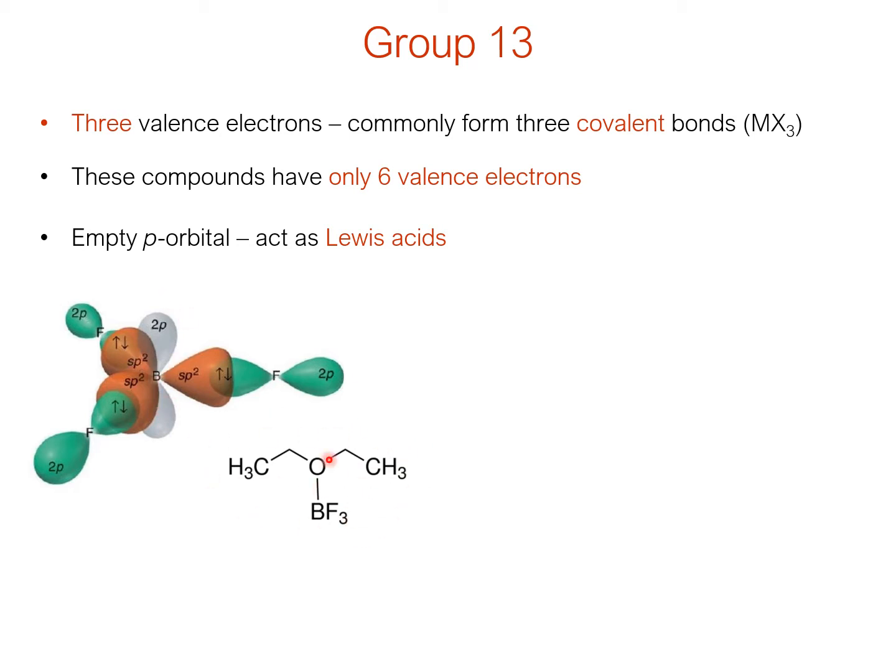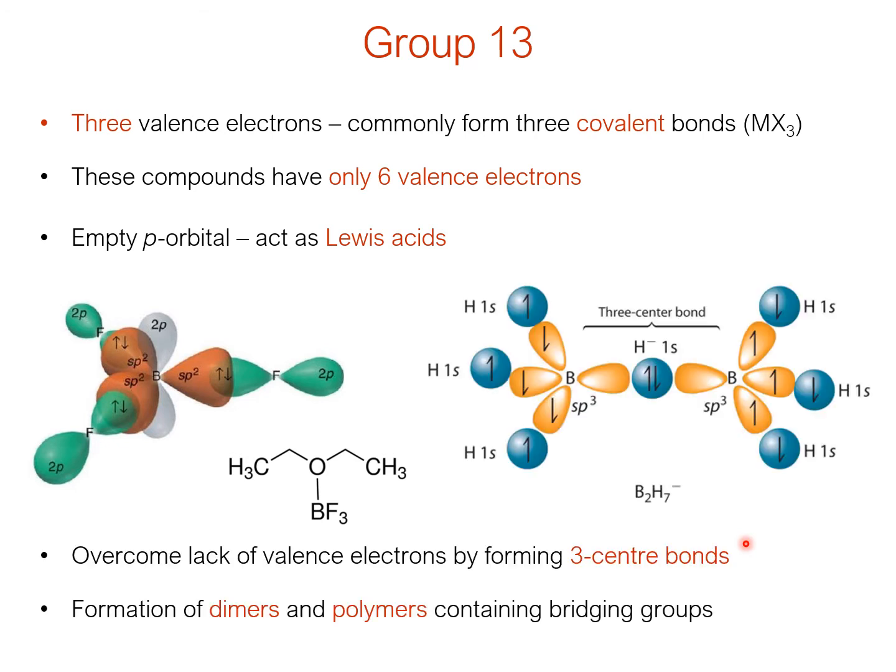It has an empty p orbital, and the lone pairs on oxygen or nitrogen or halogen can coordinate into this empty p orbital. And as I said in the halogens video, a Lewis acid is just something that can accept an electron pair. Now they overcome this lack of valence electrons through forming these 3-center bonds.